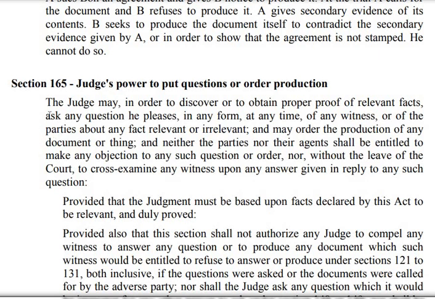So here they are writing, the judge may, in order to discover or to obtain proper proof of relevant facts, ask any question he pleases, in any form, at any time, of any witness or of the parties, about any fact relevant or irrelevant, and may order production of any document or thing.